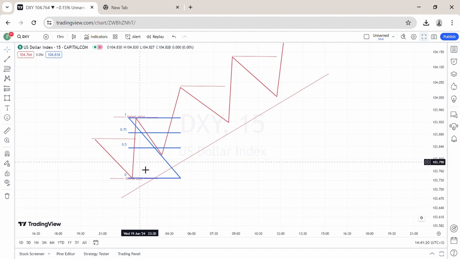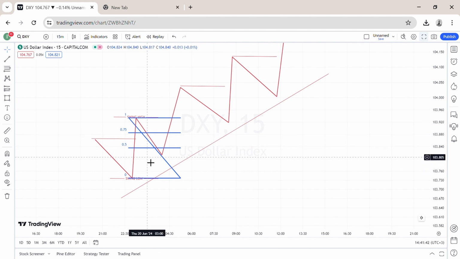All right, and above 0.5 to 1, this is the premium. Okay, so if I want to buy, I want to buy at a discount right here below this 0.5 level.